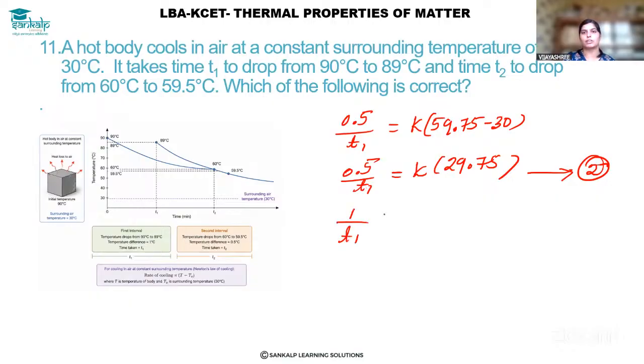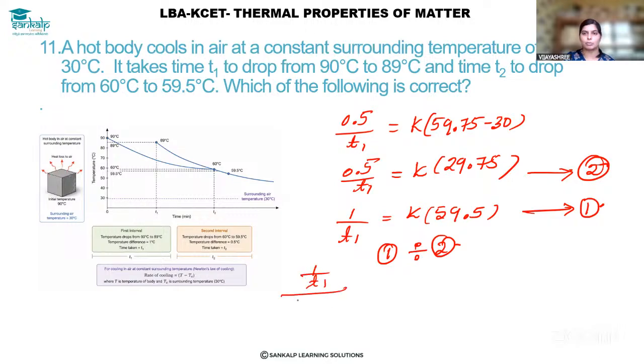1 divided by T1 is equal to K into 59.5. It was equation number 1. So now do equation number 1 divided by equation 2. So how can we write? 1 by T1 whole divided by 0.5 divided by T2, it should be T2, right?